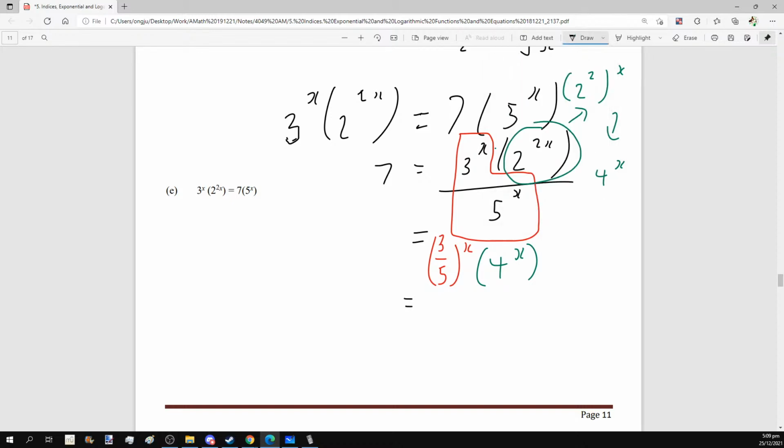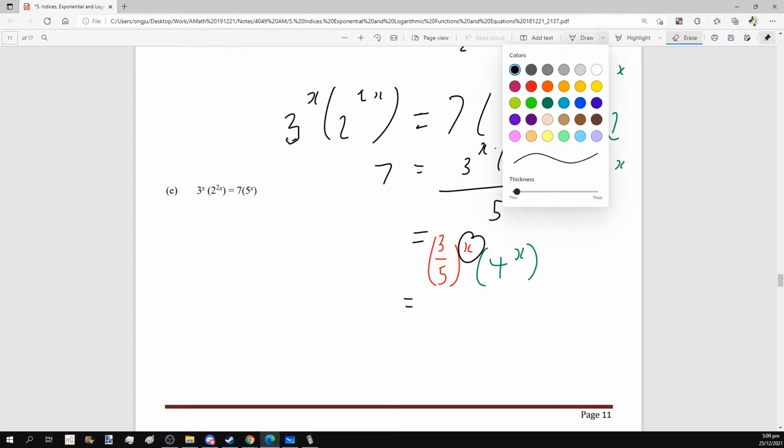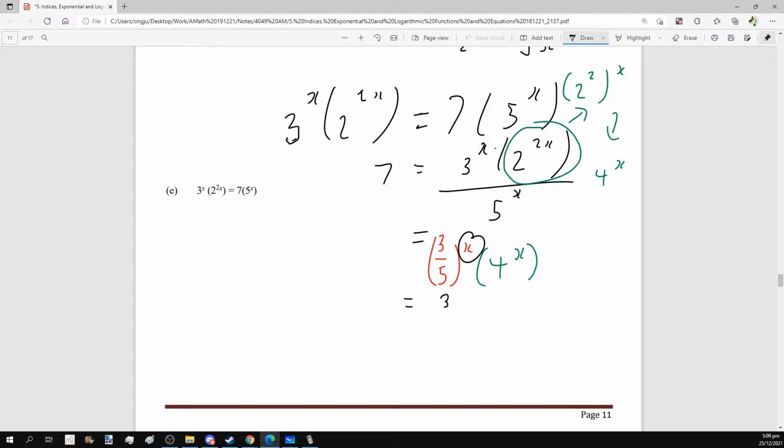Once we have this, because both of them have x on the power, a times on the inside. No, sorry, this is not actually the same thing. What we will see instead is that we can factorize out the exponent by using our laws of indices, and from here we will get 12 over 5 entire thing to the power of x.